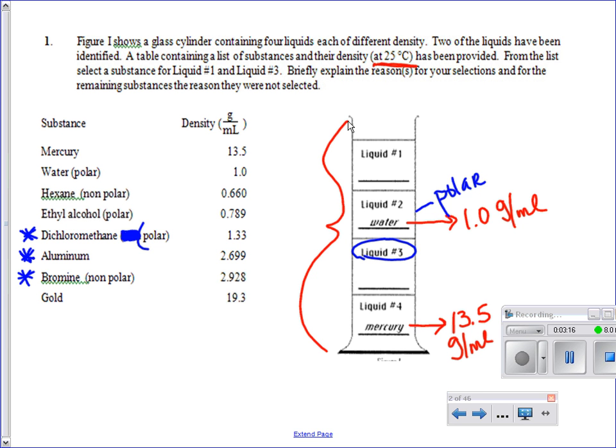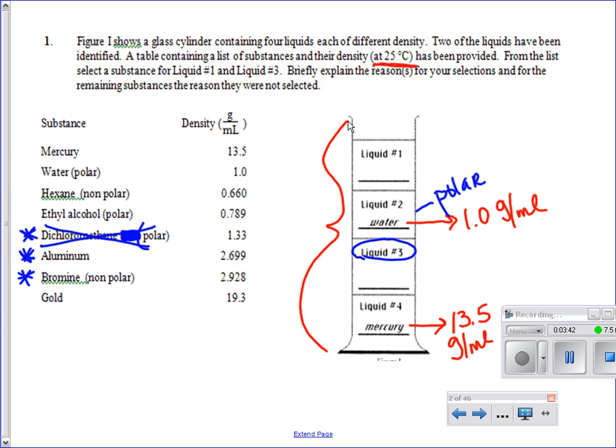Have you ever seen water poured with oil together? How you can shake it and it kind of mixes, but then it immediately separates? Okay, that's because of their polarities. What's on top and bottom then depends on their densities. All right, so it can't be dichloromethane for that reason, so I'm good with that. What about between aluminum and bromine?